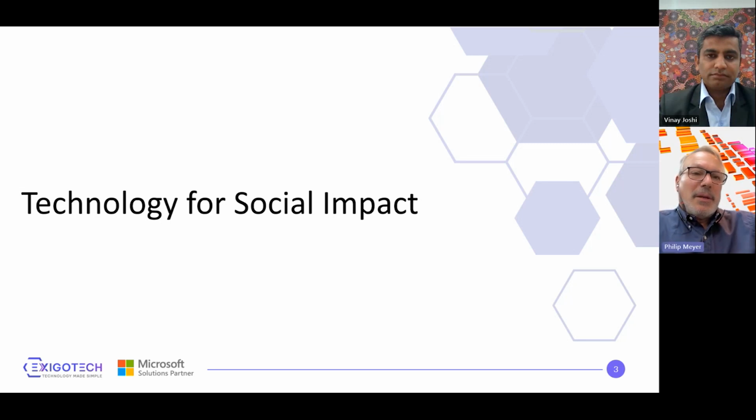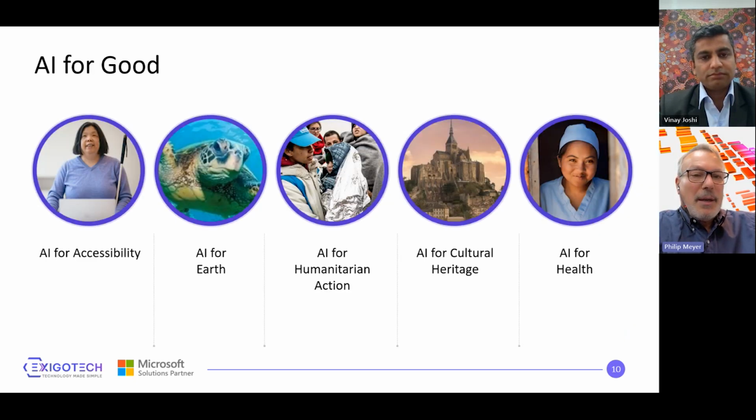These are some of the areas that we're working on in and around AI for Good. Accessibility. There's been some remarkable work done right here in Australia. The Seeing Eye program, which is a mobile phone that can act as enhancing the sight of an individual. So if they're walking along with a mobile phone in front, it can give them audio guidance on the things that are obstacles in front of them.